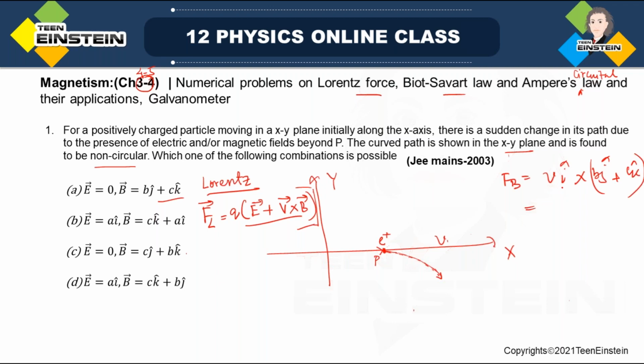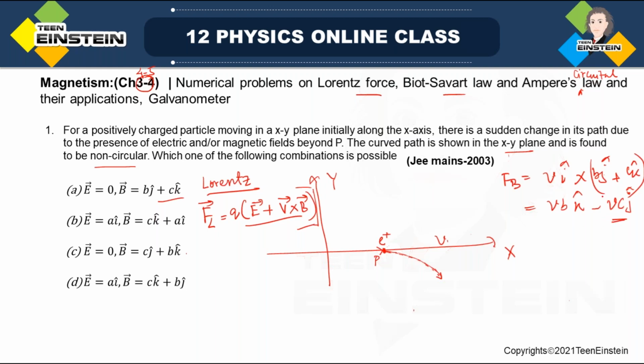So the cross product i cross j is 90 degrees, so you will have some value vb, and according to the cyclic rule, i cross j gives k. And again i cross k will give minus vc j direction.